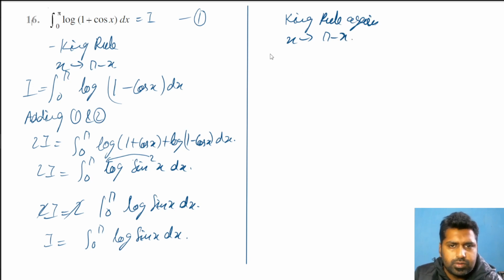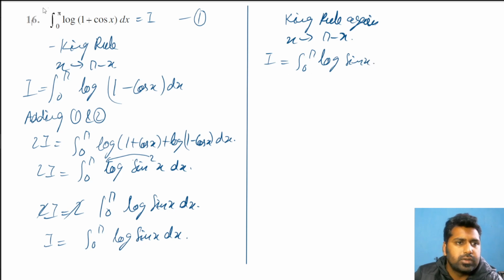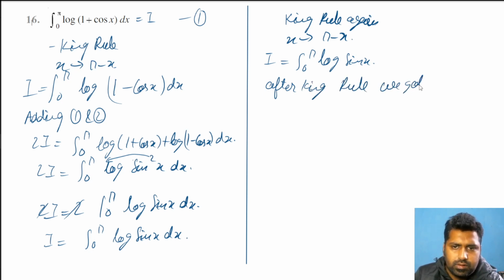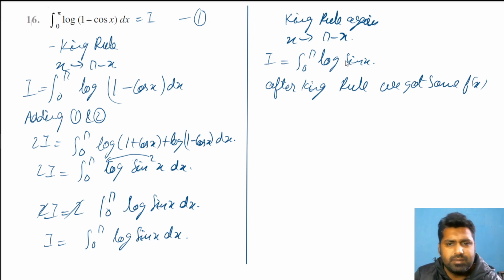Okay, so again I get integration 0 to pi log sine(pi minus x), which is sine x. Okay, so after King rule we got the same function f(x). Your integration function is still the same.